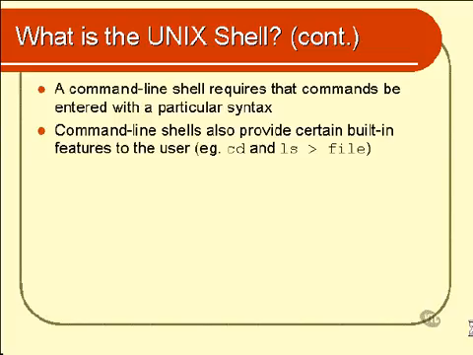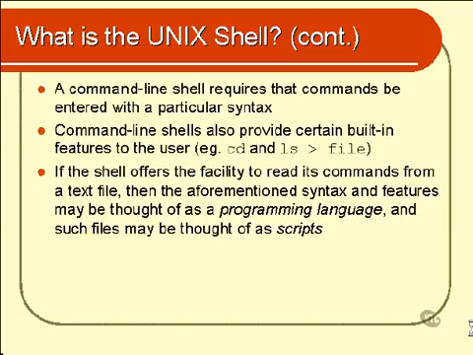The notion of changing directories and keeping track of the current directory that you're in is something that the shell provides you. The second example there I've shown you is the ability to take the output of one program and store it in a file. This is called redirection, and it is a feature offered to you by the shell. And of course there are many more such features, and it is precisely those features that we are going to be looking at for virtually all of this course.